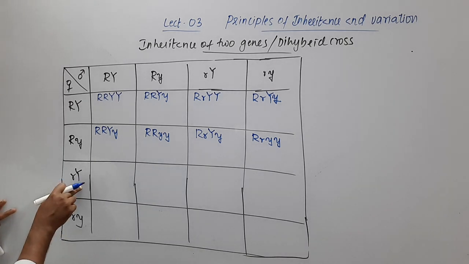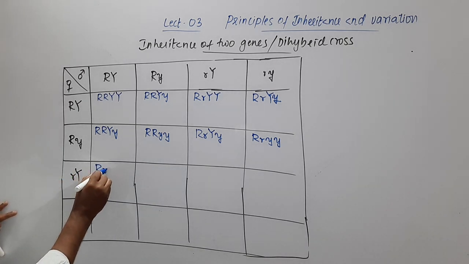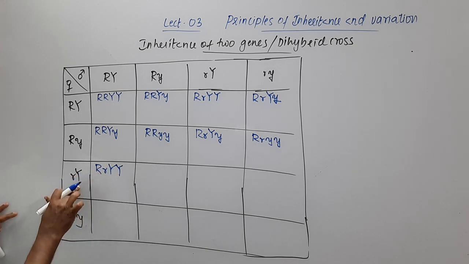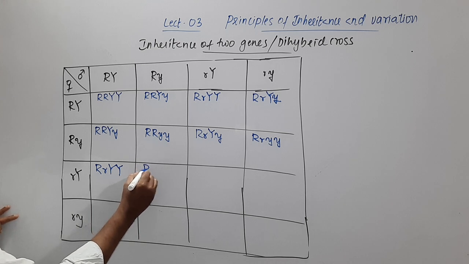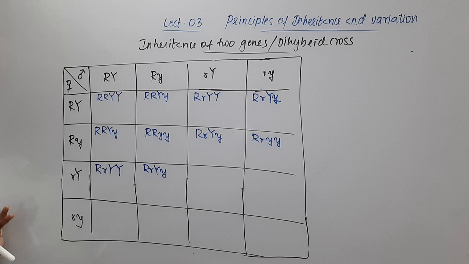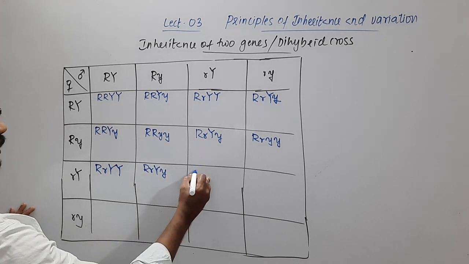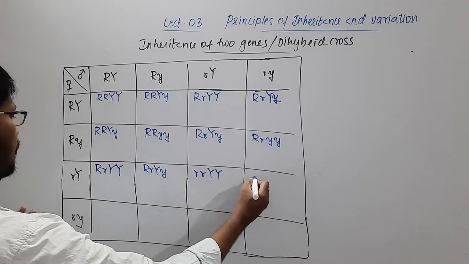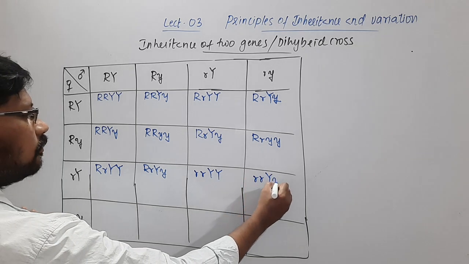The next, this one comes, so here capital R, small r, then capital Y, capital Y. Then capital R, capital Y, small y. And this one, small r, capital Y, and small r, capital Y, small y.